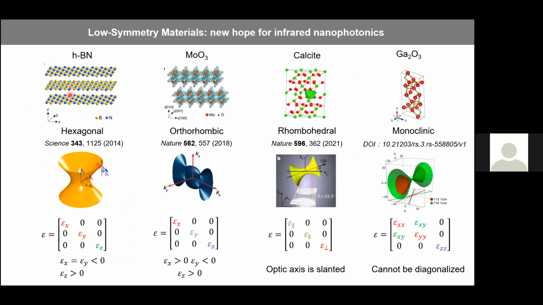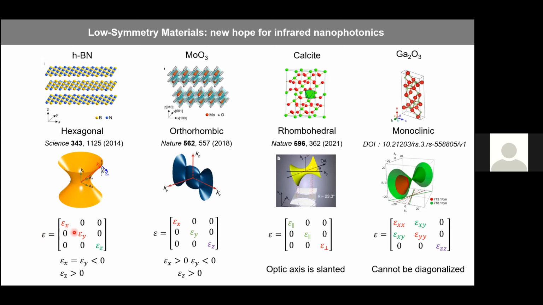in this polaritonic community. So we can characterize them by different crystal structures, such as boron nitride, where we have these hexagonal crystal structures, and because of these crystal structures, we have this tensor of the permittivity.